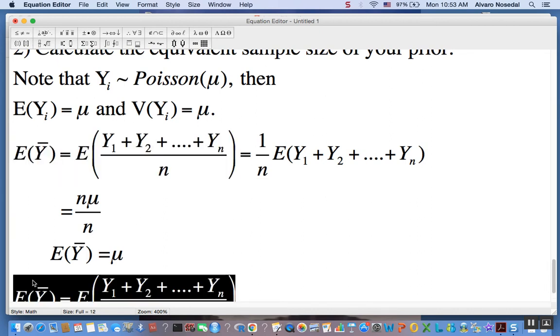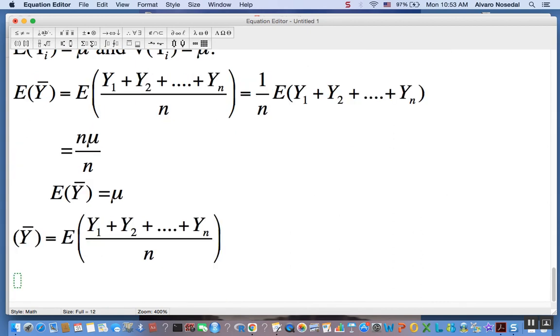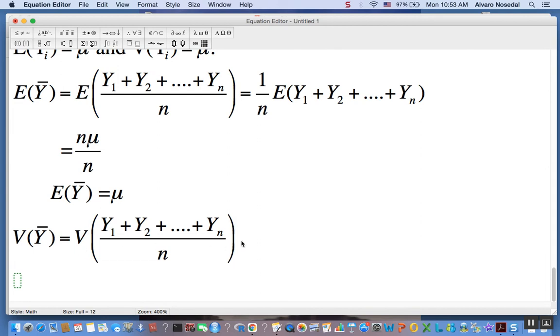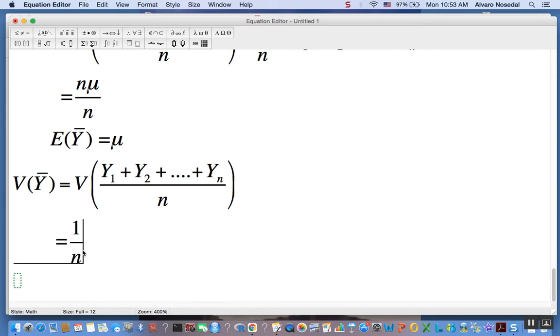So for the variance, we have variance of y bar, but then what we have to do is when we try and pull out that constant 1 over n, we have to be careful. Now we have to square that constant, so it's going to be 1 over n squared. Squared of 1 is 1, and then we just square this one here. Okay, and then we have the variance of a sum.